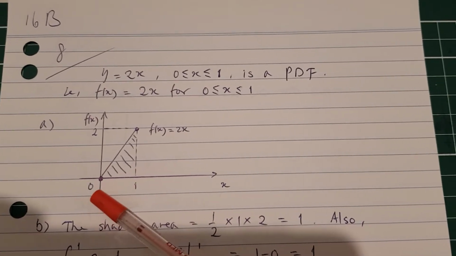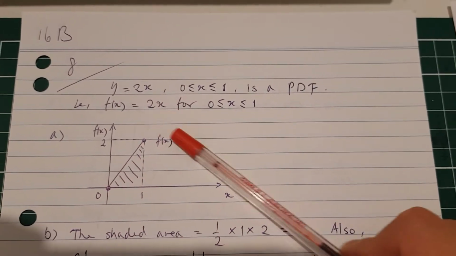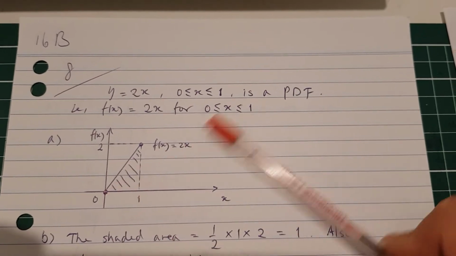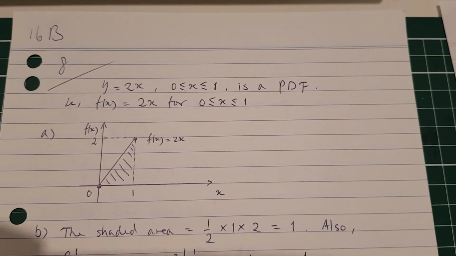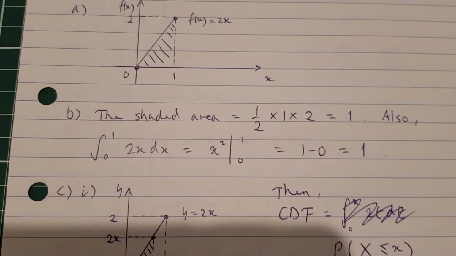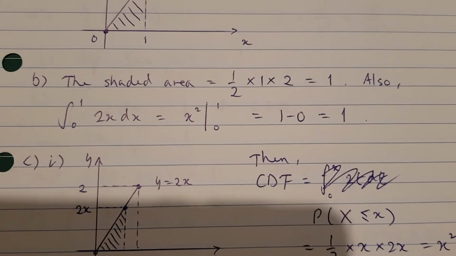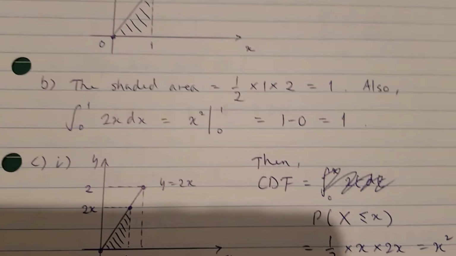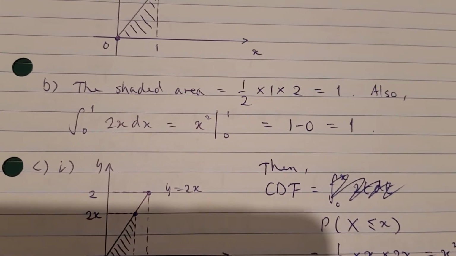Okay, so a straight line going through the origin with the gradient of 2. So there you go, starting at 0 and finishing at x equals 1. Nice little sketch there. And in part B, you have to find the shaded area and also compare that with the actual definite integral, which should be the same.